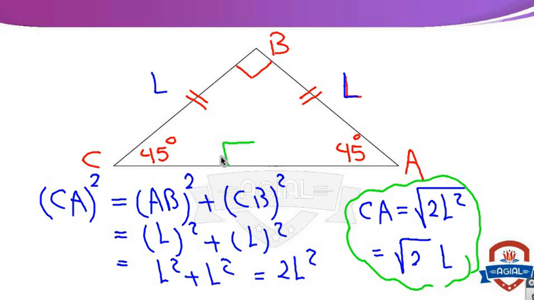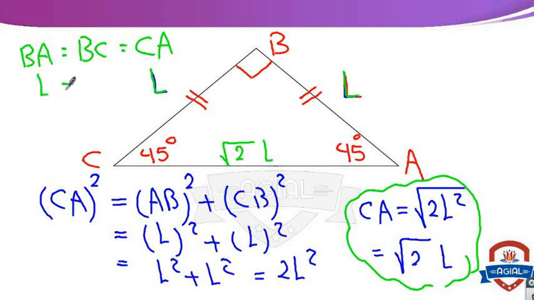Square root of 2L. Find the ratios between BA, BC, and CA. BA to BC to CA.